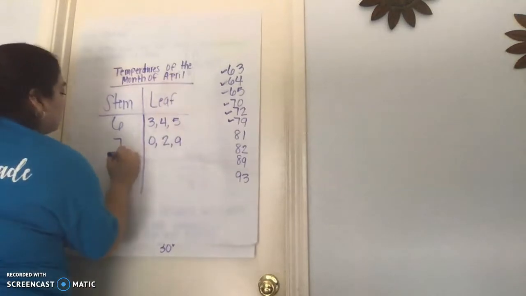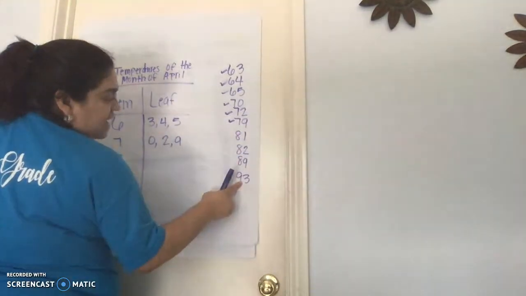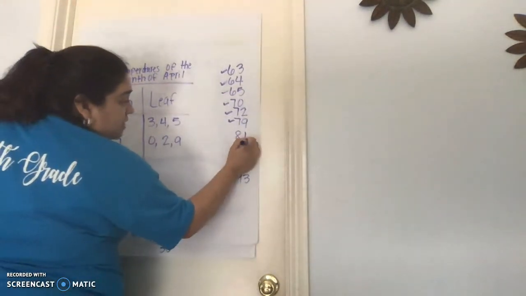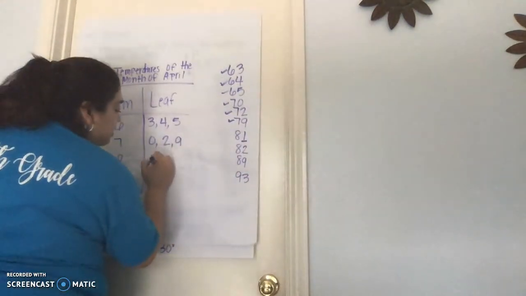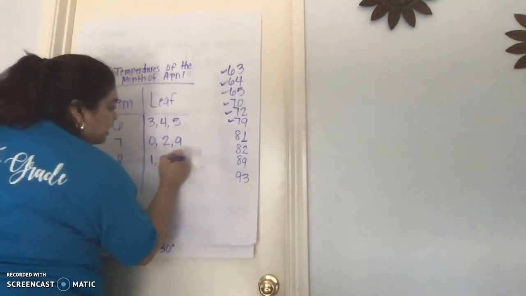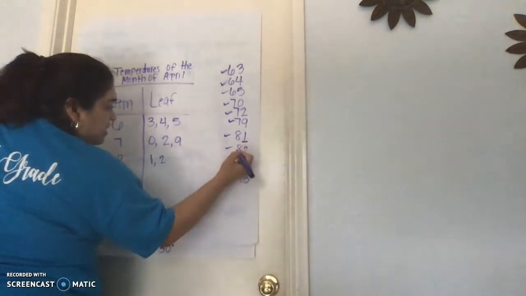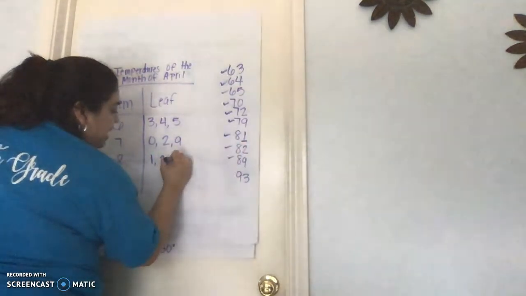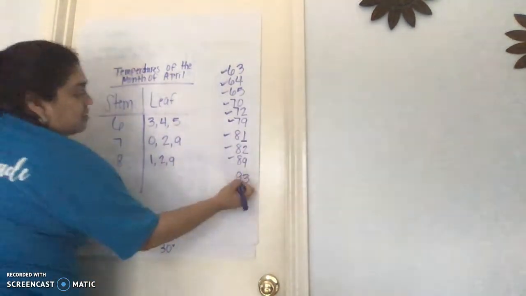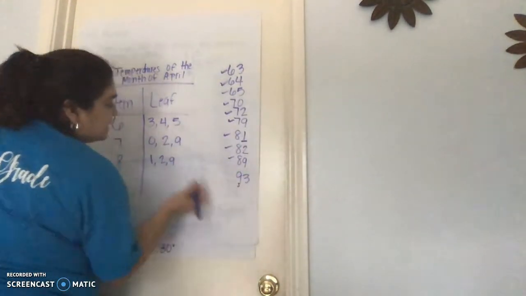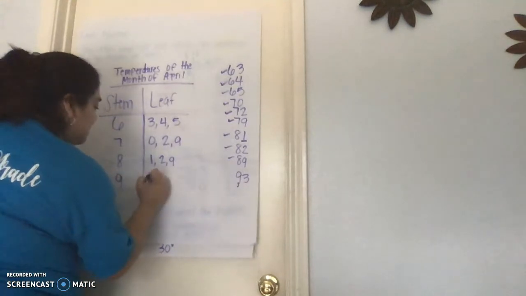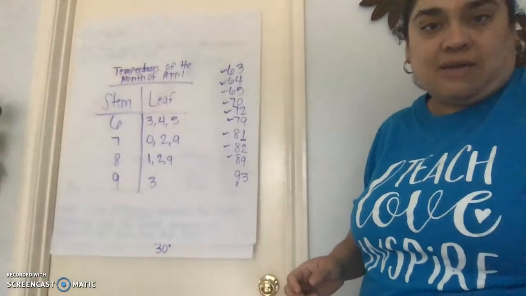Okay, now I start with the 8, because I have 80s. My first number that would go in the leaf would be 1. Then I would put 2 in the leaf for 82. And then I would put 9 in the leaf for 89. This number would be my stem. So I put the 9 in the stem and the 3 in the leaf. That is how you would create a stem and leaf.